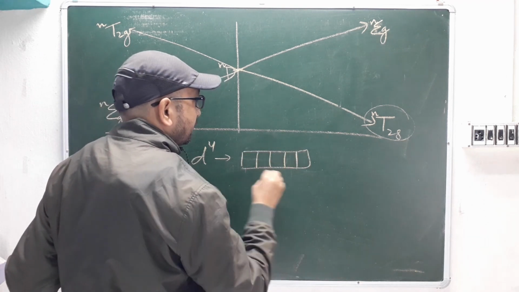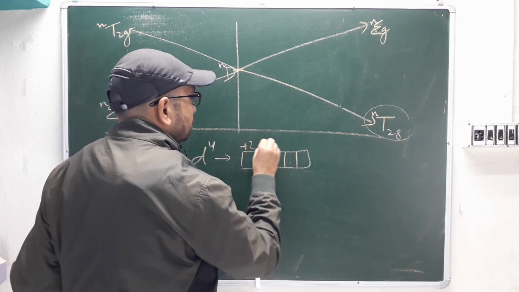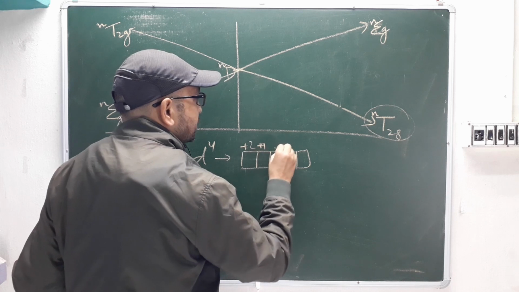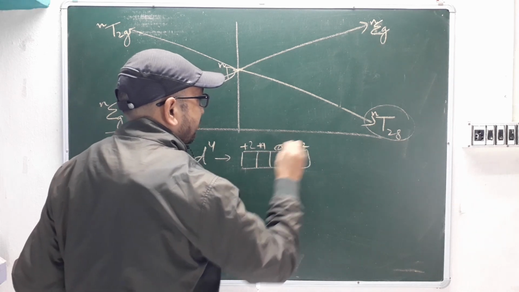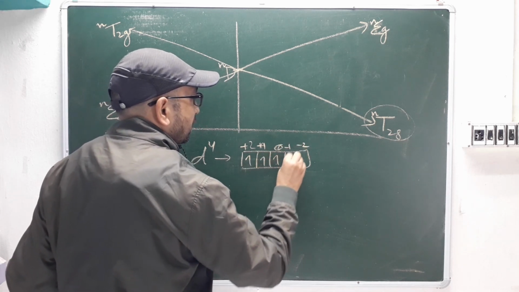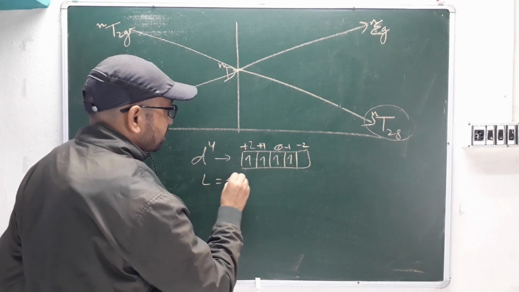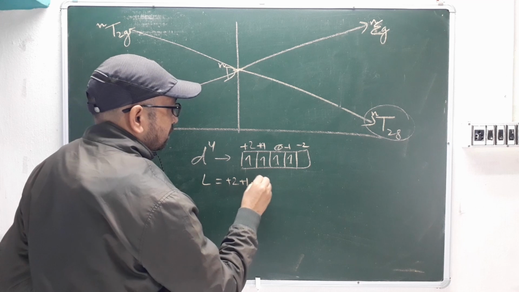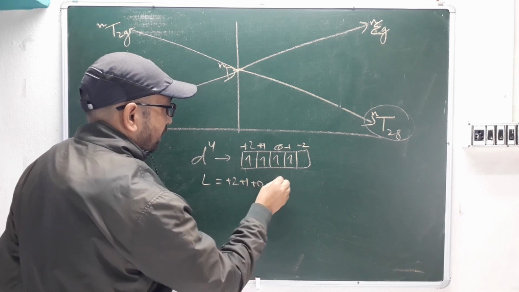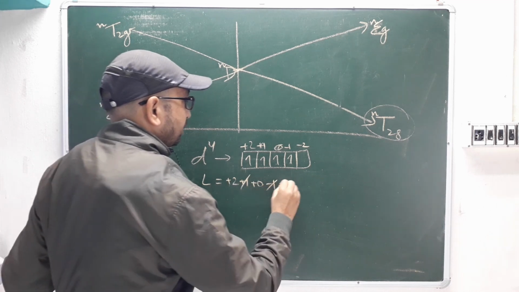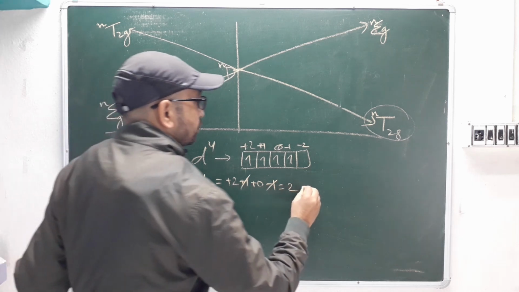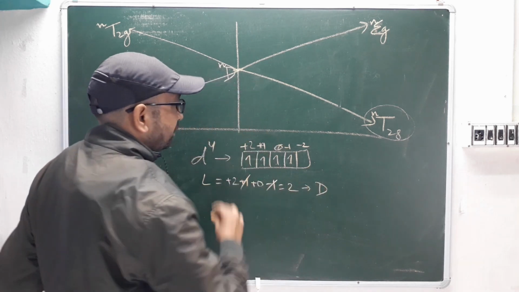Everything is high spin: 1 2 3 4 electrons. Now find the L value: plus 2, plus 1, 0, minus 1, so minus 1 and plus 1 cancel, so L equals 2. L equal to 2 means it will be a D term. See, again we got the D term.